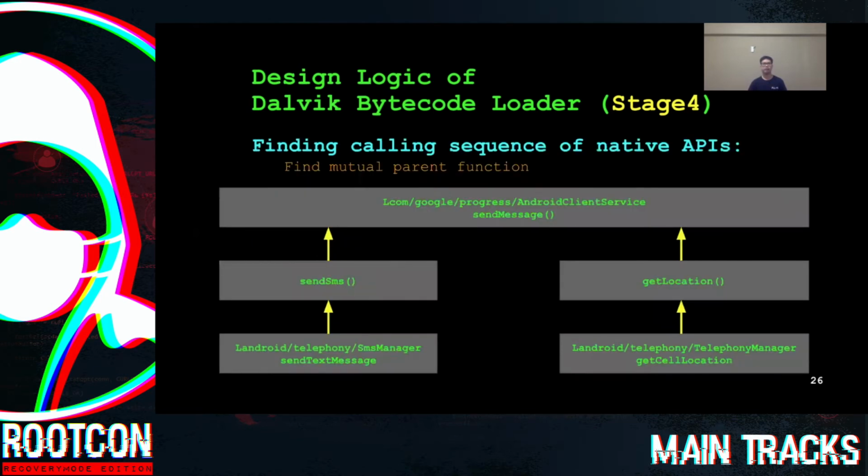Normally, native APIs are wrapped in functions, so we trace back to see which function is cross-referenced from the native APIs, and we call those functions the parent function. And we will keep tracing back until we find the mutual parent function for both native APIs. Here is the example.